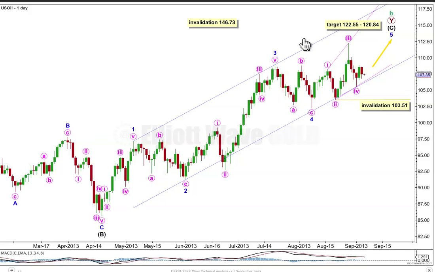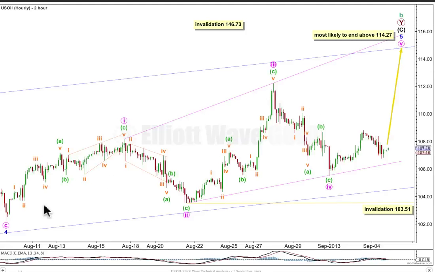Let's have a look at this possible diagonal structure on a 2-hourly chart for this week's hourly analysis, where the start of it is this point down here. So far we have what subdivides quite nicely as a zigzag up for 1, no ratio between A and C here within this zigzag. Within minute wave 2 zigzag, there's no ratio between A and C at minuette degree.